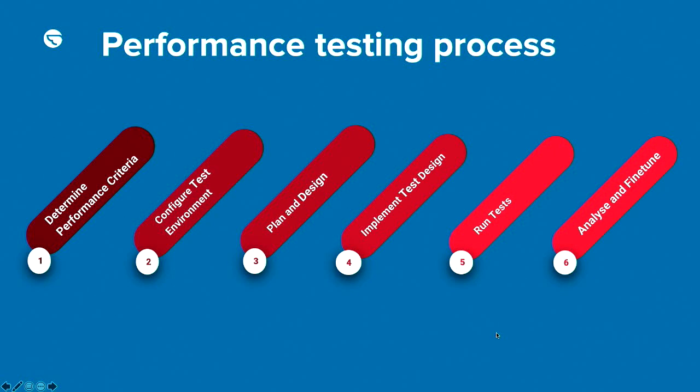The second step is to configure the test environment. This is where we want to build a test environment that's simulating our production environment, and also arrange any tools that are necessary. The third step is plan and design. This is where we identify how real users behave and design the test scenarios and test cases based on those behaviors.